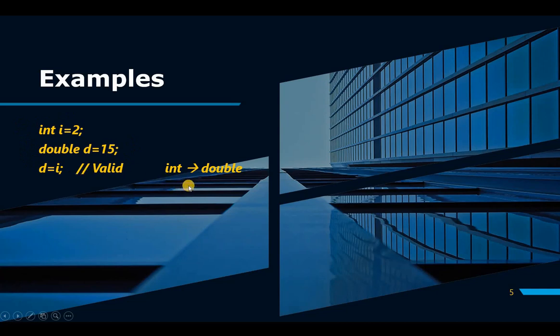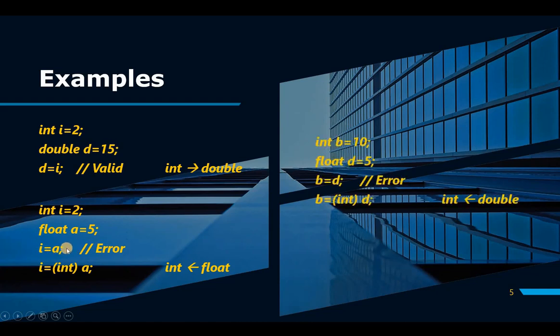It won't complain. Next, I'm taking a 4 byte number over here, int I is equal to 2, then float a is equal to 5. I take a 4 byte number and I'm trying to fit it inside another 4 byte number, but they're not the same families. So this is whole numbers, this is not whole numbers, this is decimals. It is going to give me an error if I try to do this line right here, I is equal to a.